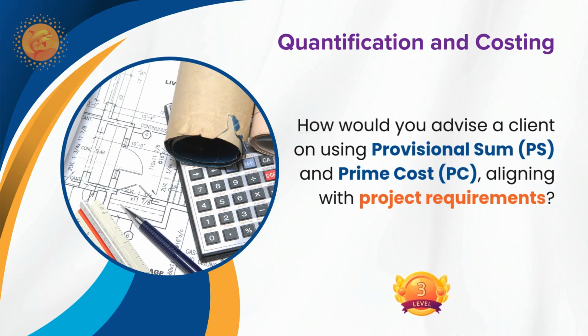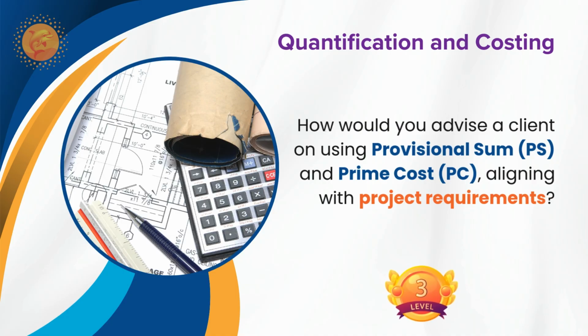Regarding prime cost, it is the cost of material without inflation. We can estimate or ask for the price of material allocated in the BQ, and later the contractor can add the inflation, overhead and profit.